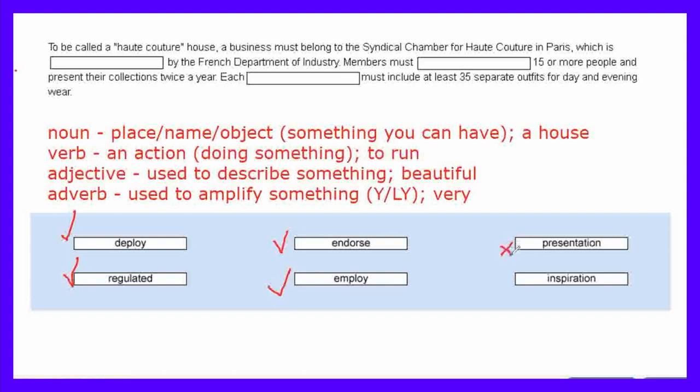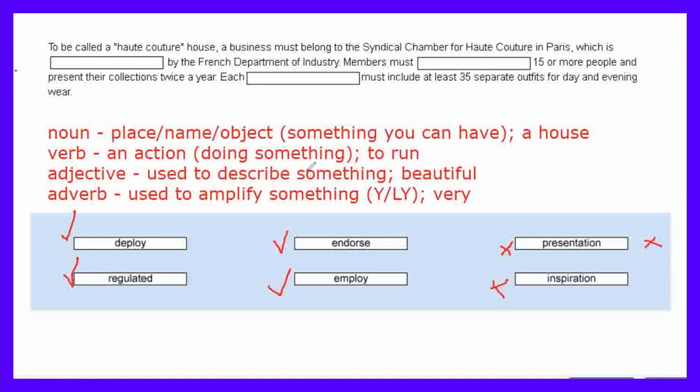Presentation is a noun. Inspiration is a noun, because we can have a presentation or we can have inspiration, right? A noun is something you can have. But in this question in particular, a lot of people go, "which is presentation by the French department?" So they think, oh yeah, there's a presentation, but actually this word here is a noun, so it doesn't work. So we have to figure out and actually try all of these.